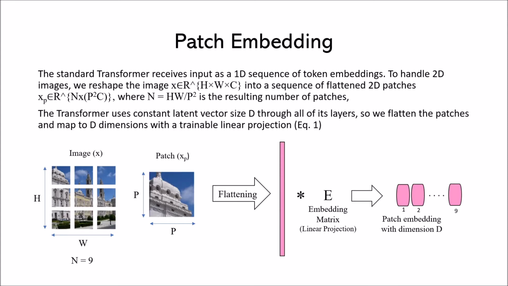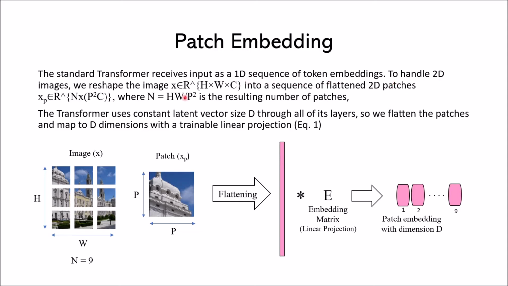First is the patch embedding. So for image classification, of course we will have an input image, and the input will be like this. It will have a dimension of its height and its width, times its channel C. But of course the transformer will receive input as a one-dimensional sequence of token embeddings.